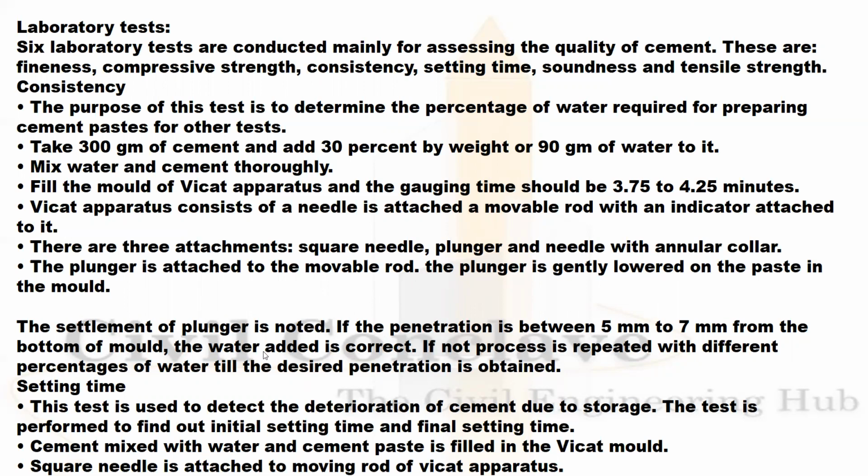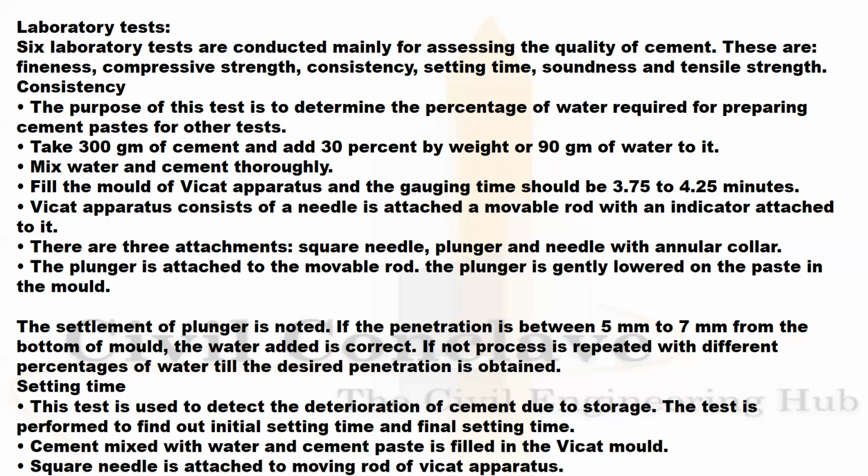The settlement of the plunger is noted. If the penetration is between 5 to 7 mm from the bottom of the mold, the water added is correct. If not, the process has to be repeated with a different percentage of water until the desired penetration is obtained.